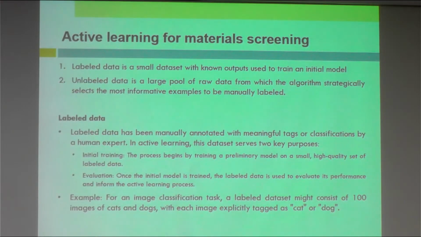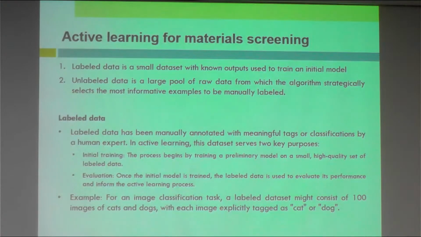So active learning for material scanning, basically, number one, you have labeled data. The labeled data is a small data set with known output used to train an initial model. So you do not require a lot of data. It is a limited data set, but with comprehensive information as required by the intended property.